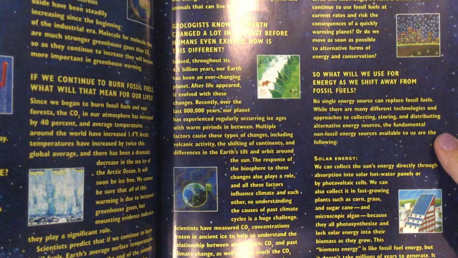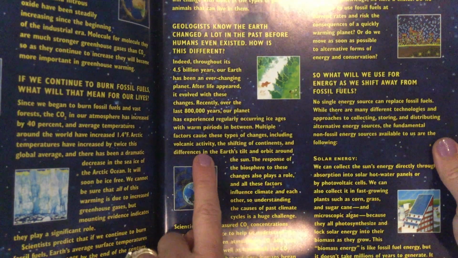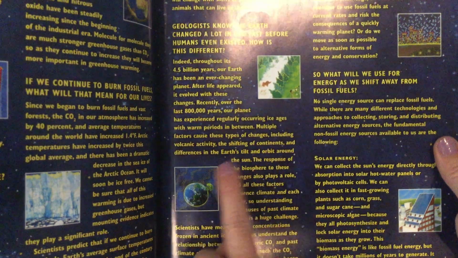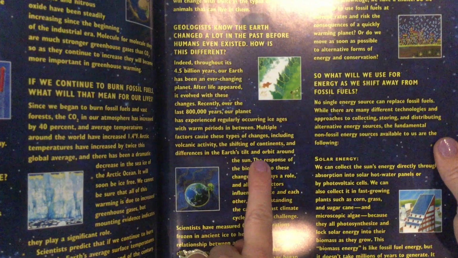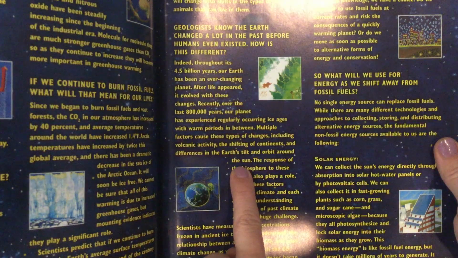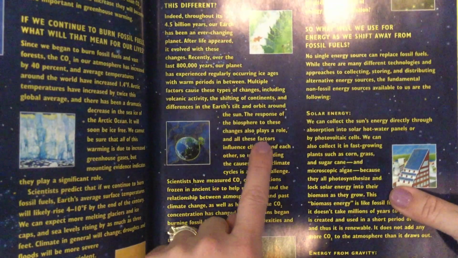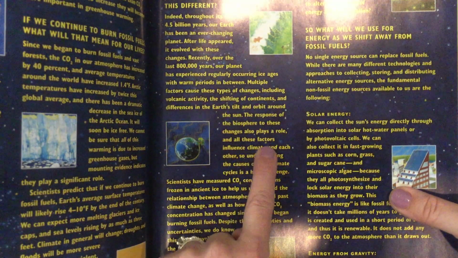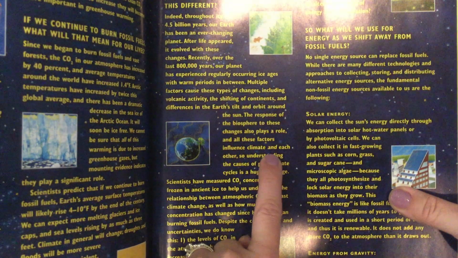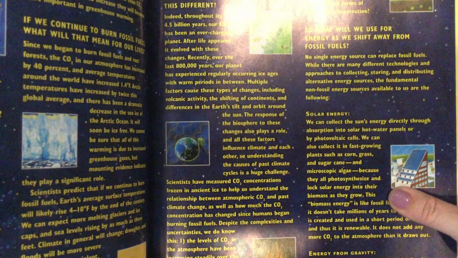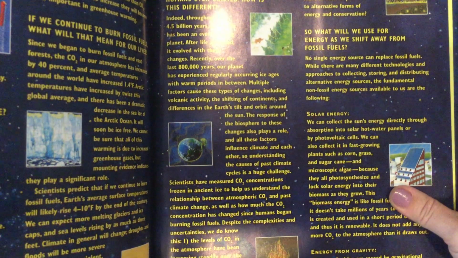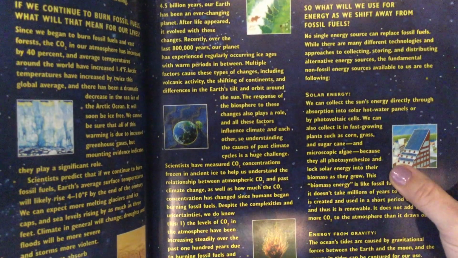Multiple factors cause these types of changes, including volcanic activity, the shifting of continents, and differences in the Earth's tilt and orbit around the sun. The response of the biosphere to these changes also plays a role, and all these factors influence climate and each other. So understanding the causes of past climate cycles is a huge challenge.